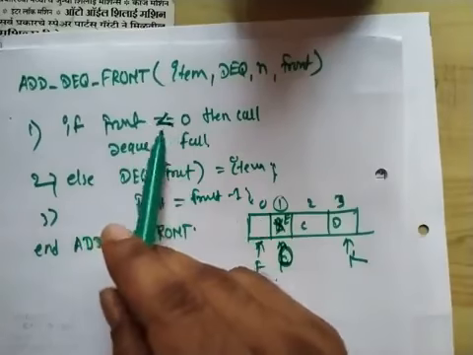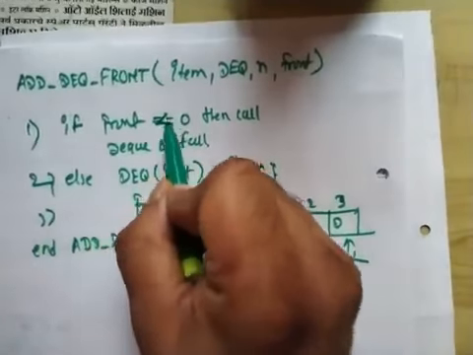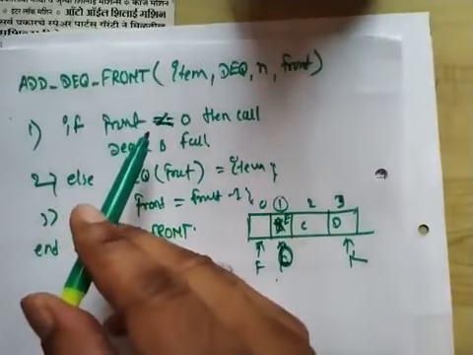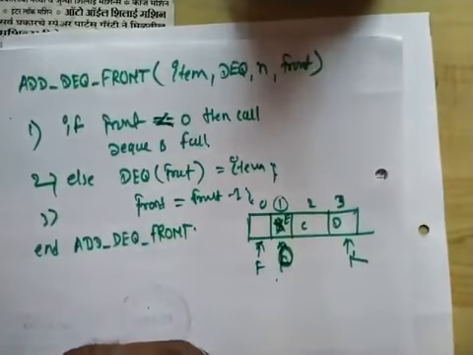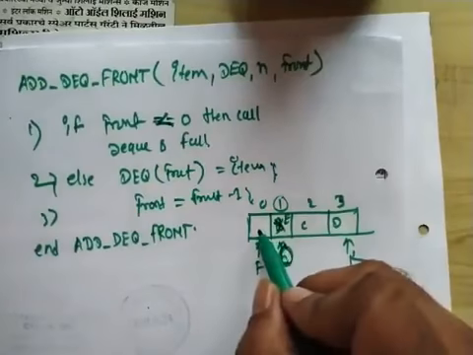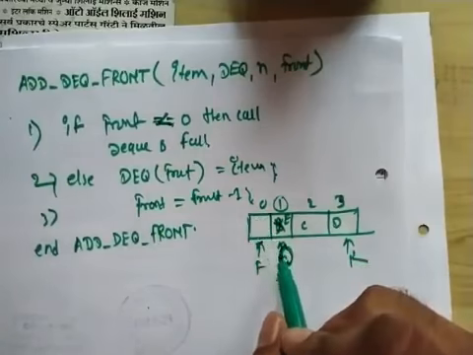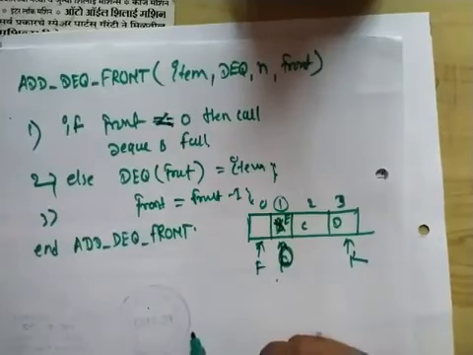That is why I am changing this condition. In the algorithm we simply use front is equal to 0, but in implementation we use if front is less than 0, then call deque is full, so we can efficiently utilize this space also. And one more thing, we can insert through both the front and rear end. So this is adding to the front end.